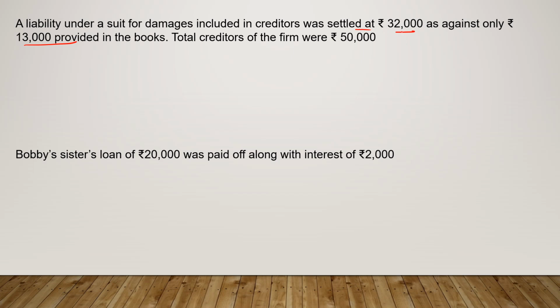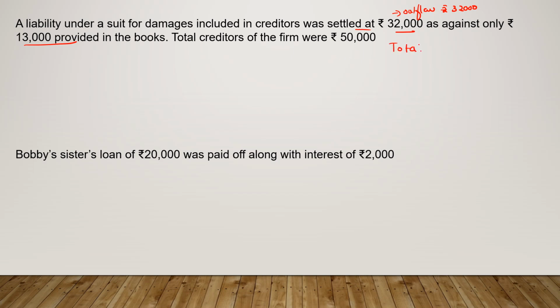So 32,000 would be an outflow. Cash or bank would get reduced by that much amount, 32,000. So we can write this entry for payment. There is going to be an outflow here of rupees 32,000. But they have given total creditors of the firm as 50,000.